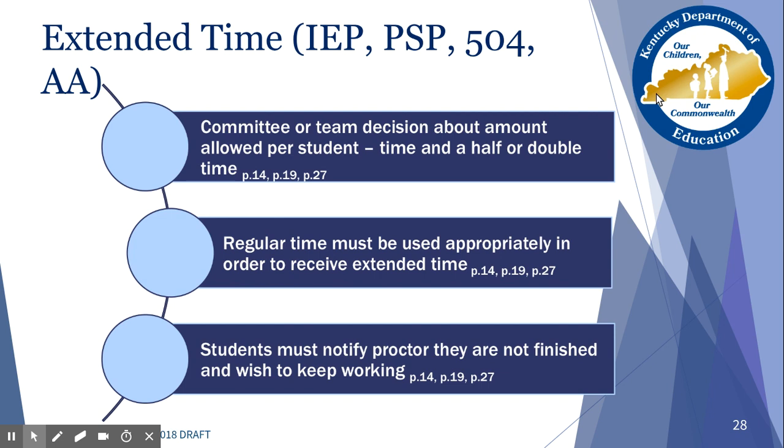The extended time is something that we've tried to begin practicing early on because many years ago, we did not have limits on how much extended time students could use, and now we have either time and a half or double time. So if regular time is 30 minutes, then time and a half would be 45 and double time would be 60.